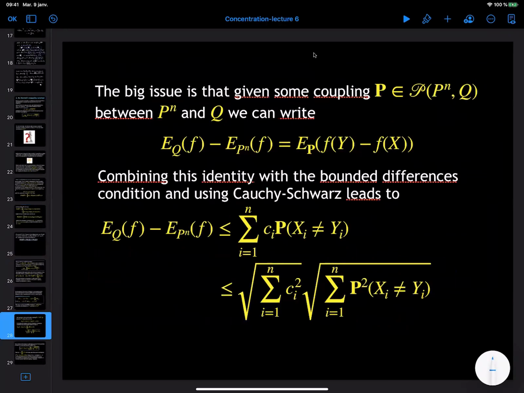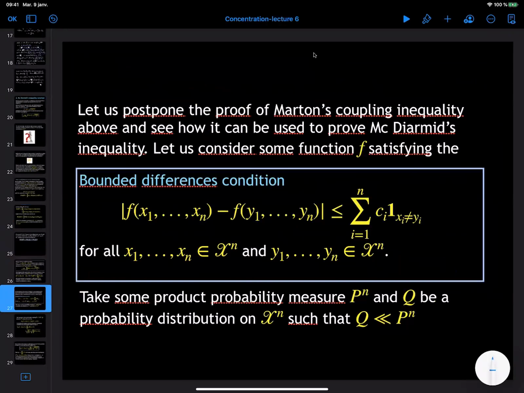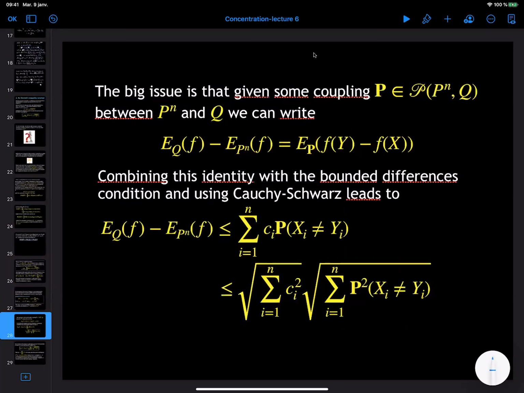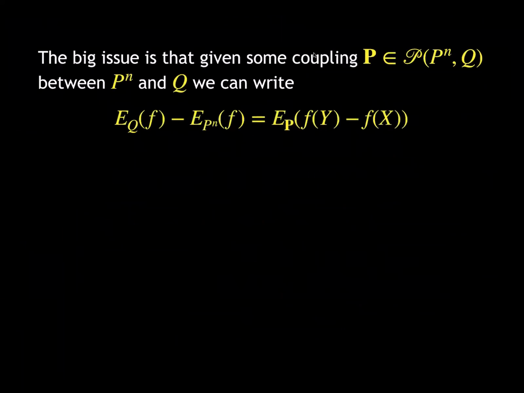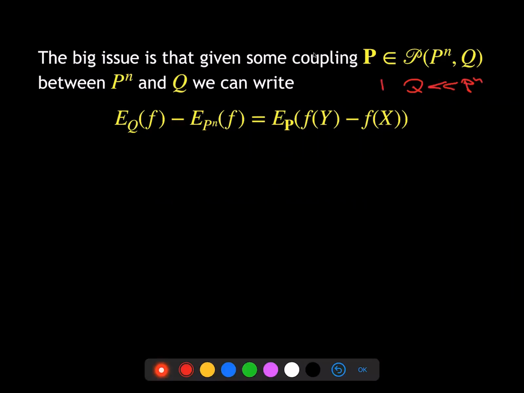Okay. So q here is, sorry. Let's come back here. So q is whatever you like. It's any q, which is absolutely continuous with respect to p.